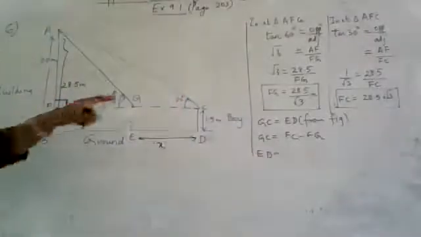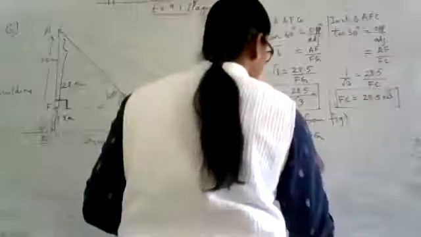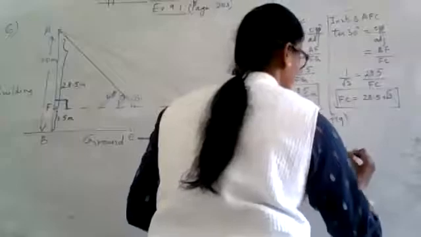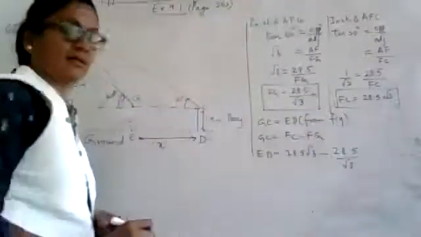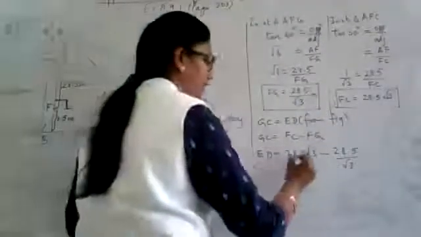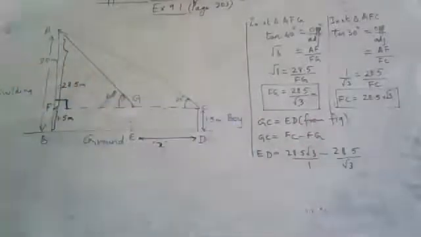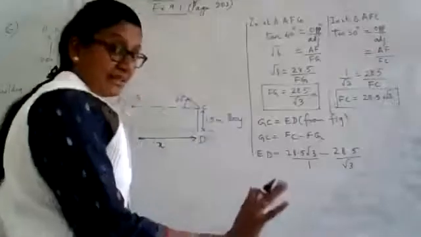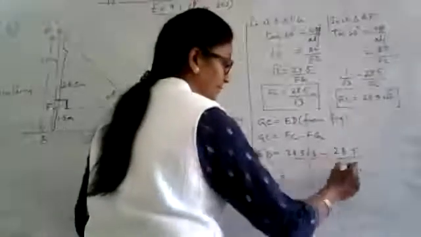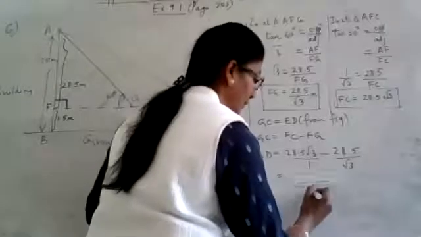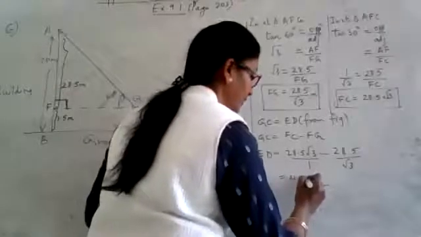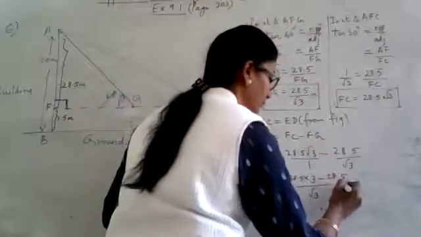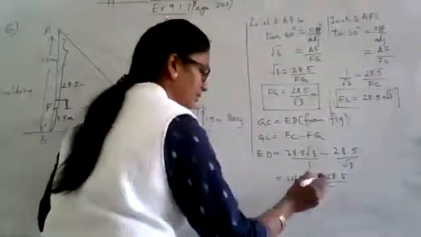Now FC I got as 28.5 times root 3, minus this 28.5 divided by root 3. I am keeping it like that. Now I will have two fractions which I am trying to simplify. Subtraction I have to do. Here there will be an LCM. The LCM will be root 3. Correct? So after cross multiplication it will be 28.5 into root 3 times root 3, which is 3, minus 28.5, divided by root 3.